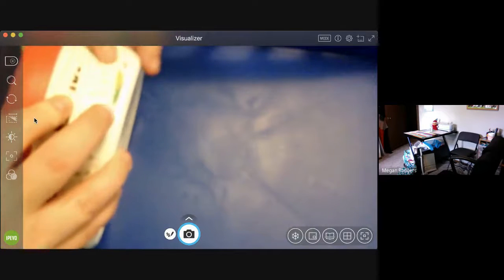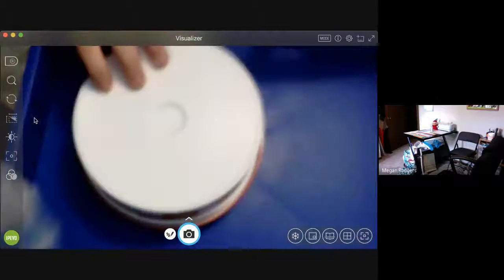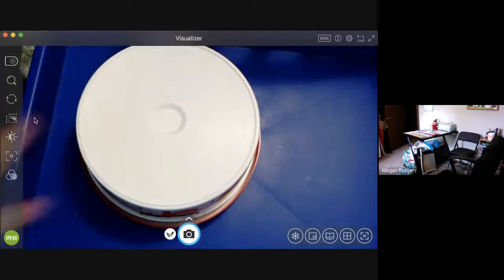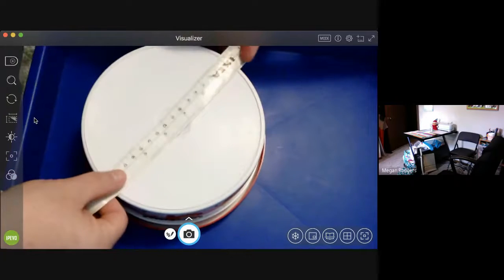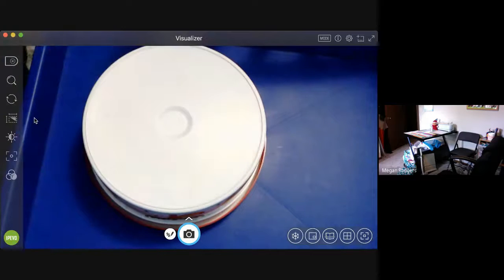All right. This is 53 centimeters around and 16 centimeters across.